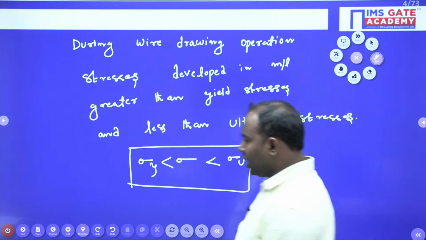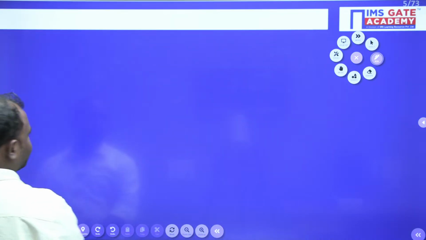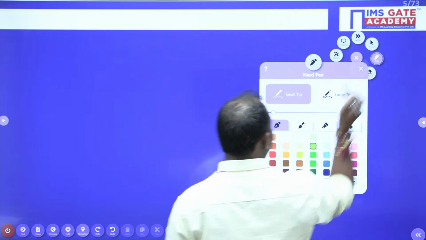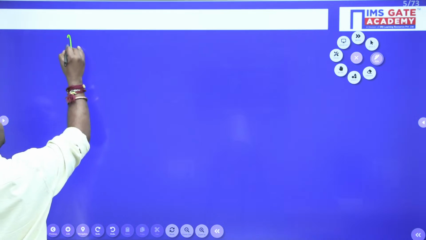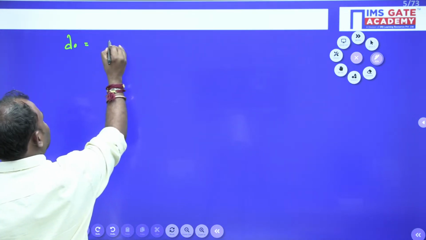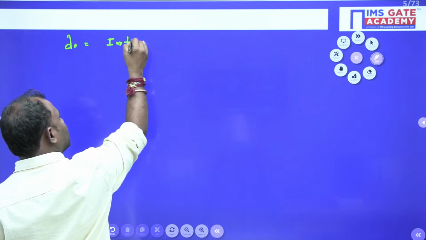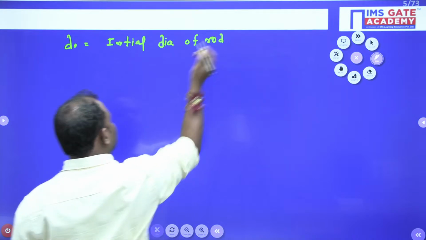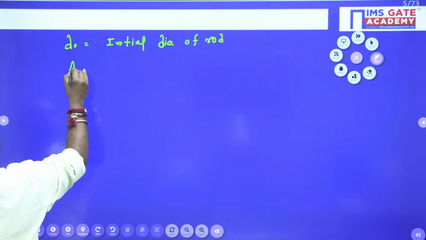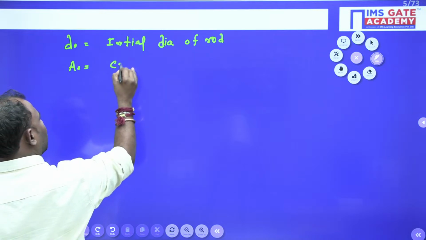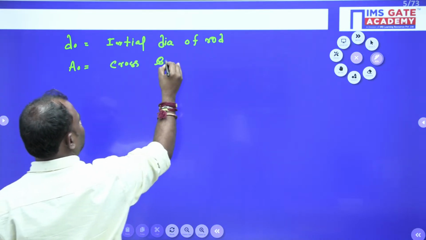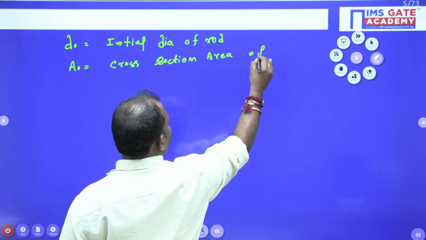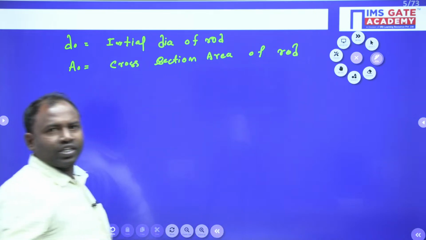Now let us calculate the drawing stress and the drawing load as well. D naught we consider as the initial diameter of the rod, where A naught is the cross section area of the rod.